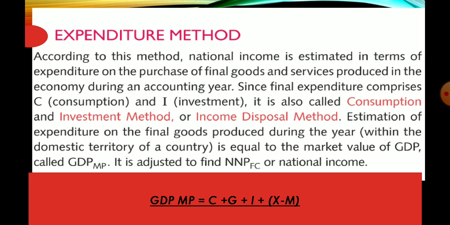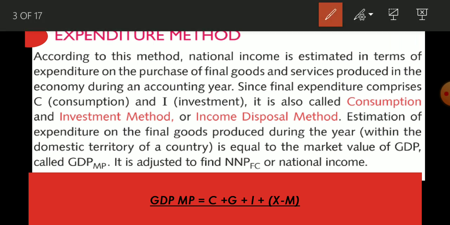If you expend, then it is consumption, and if you save some part of your money, then it is saving. In this way, the final expenditure method is also known as the consumption and investment method.